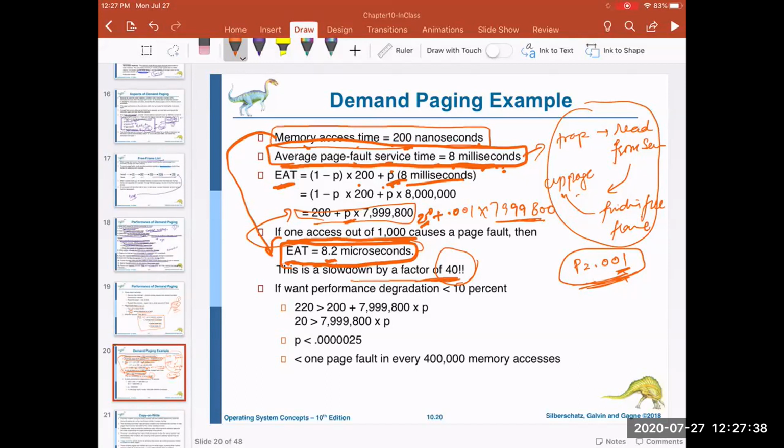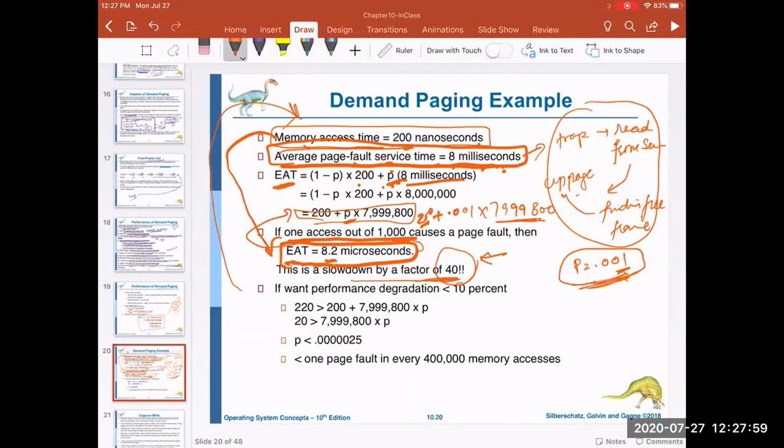So the benefits are more than this particular cost. This would happen when we have kind of pure demand paging. So there is no page inside the memory, then the estimated time would be large. As we keep bringing the pages into the memory, the memory access time would be much smaller.